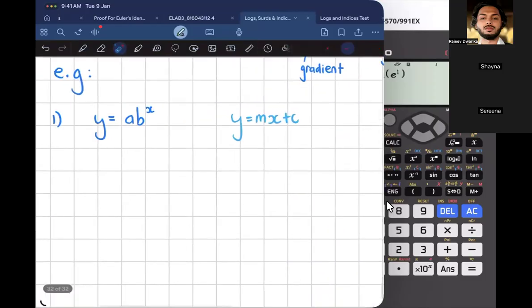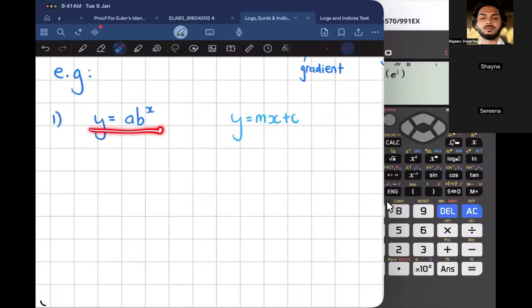Aren't these two looking very different? Where is x over here? x is to the side, and it's not a power. But in this case, x is a power.